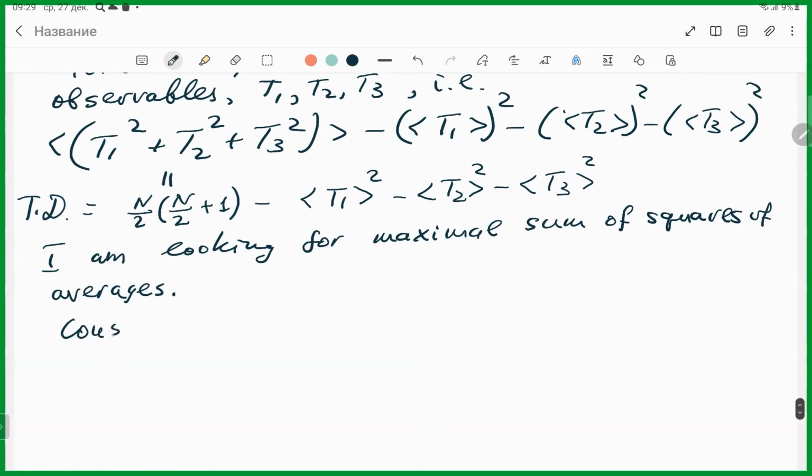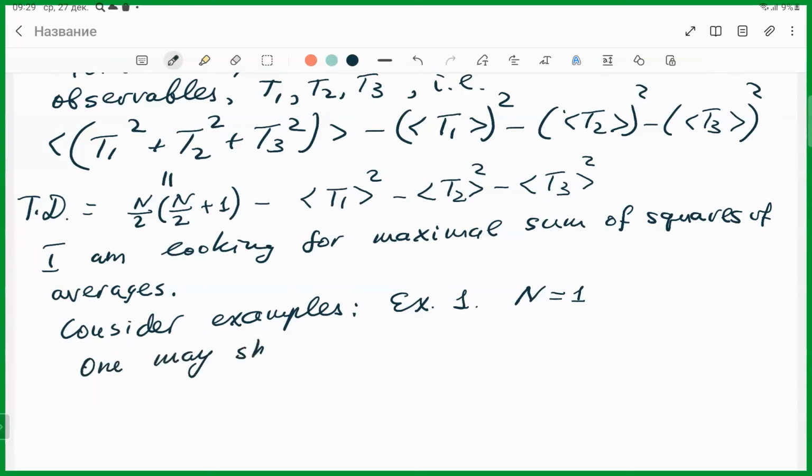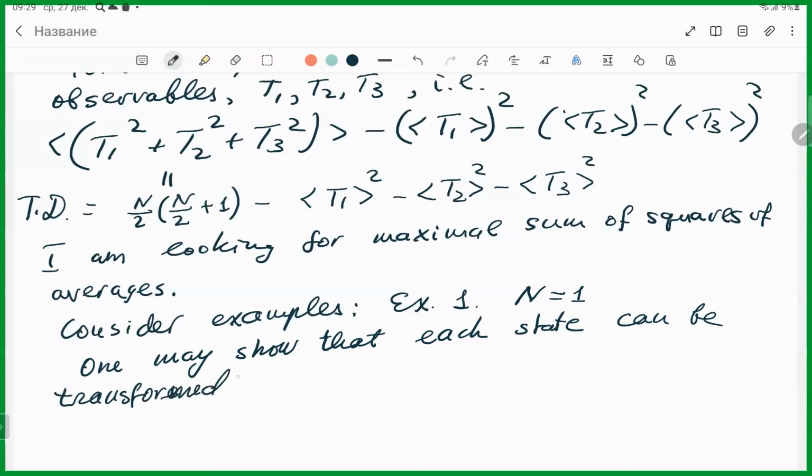Consider example 1. n equals 1. One may show that each state can be transformed by an SU2 rotation.